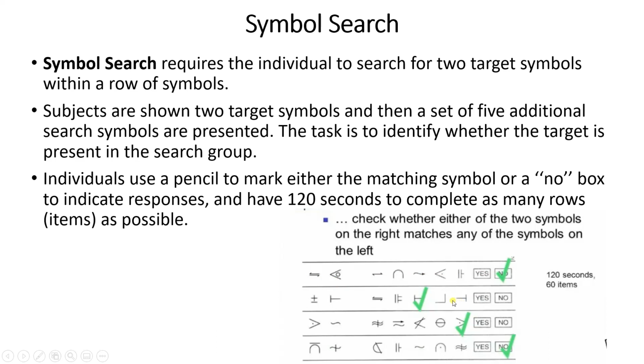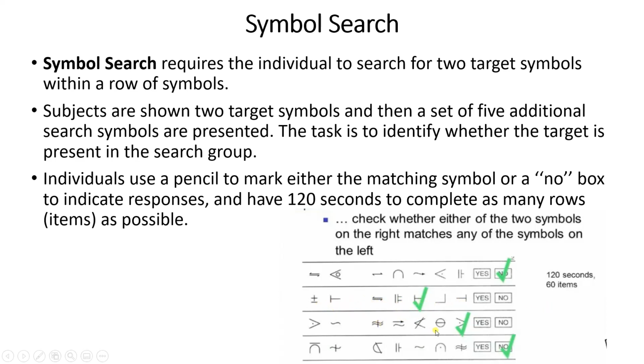Here, these two symbols have to be matched against these five symbols, and none of these symbols are present, but the participant has marked this symbol as present. So this is an error made by the participant.